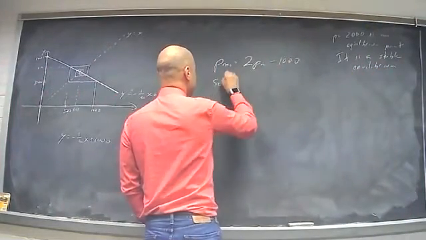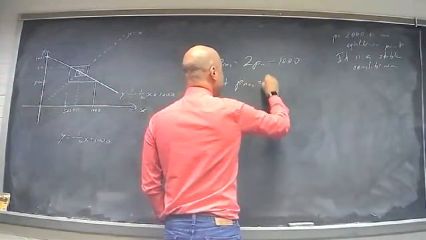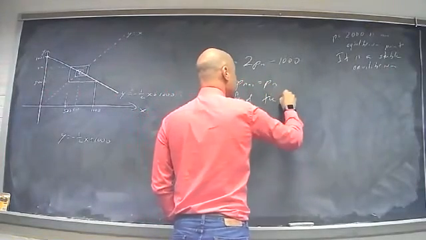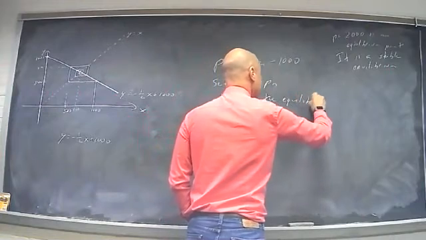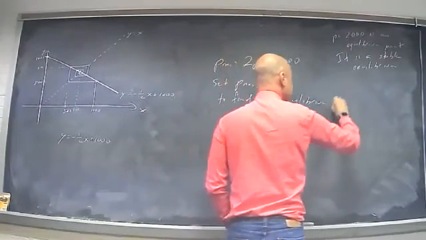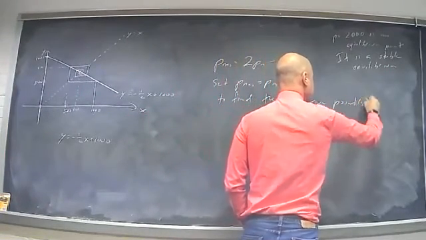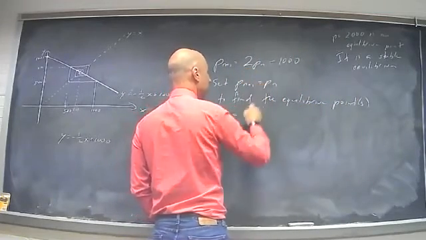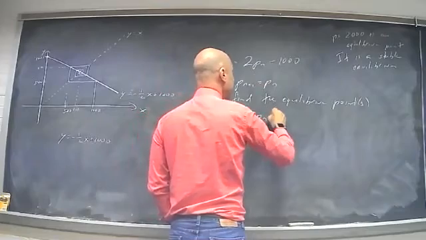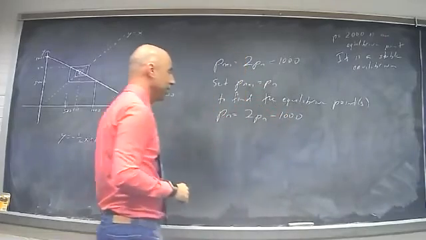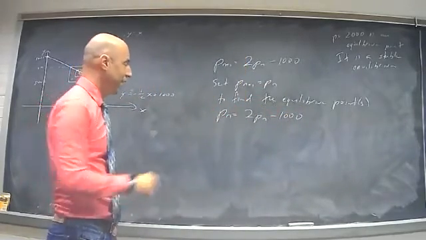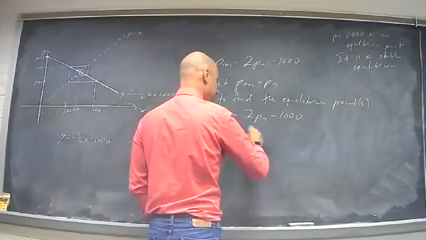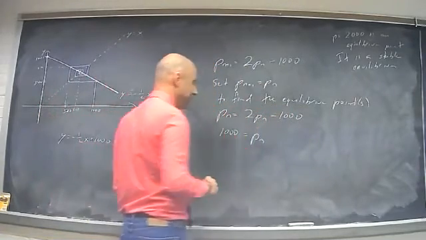So we'll set pn plus 1 equals pn to find the equilibrium point. So pn equals 2pn minus 1,000. I can subtract pn from both sides and add 1,000 to both sides, so I end up with pn equals 1,000.